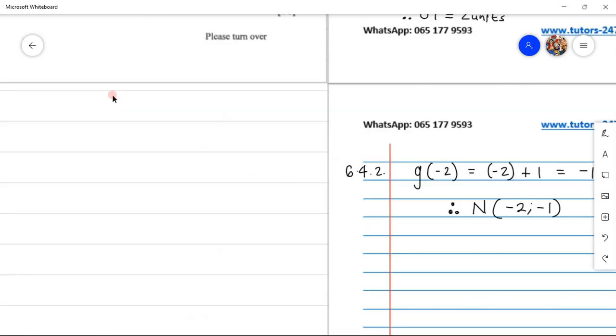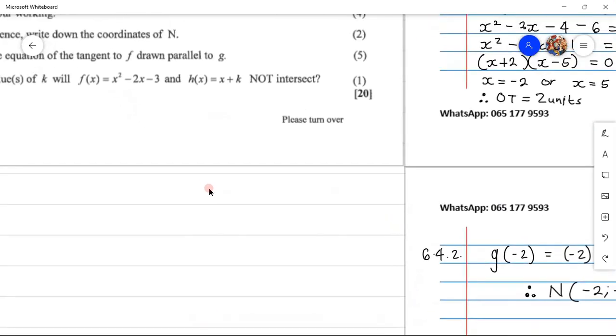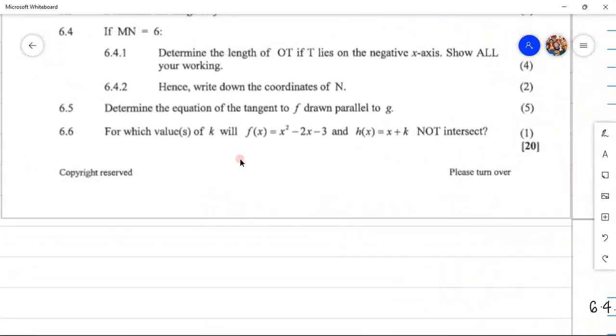Now, let's move on to our last and final question, question 6.5. It's not actually our last question, it's our second last question.